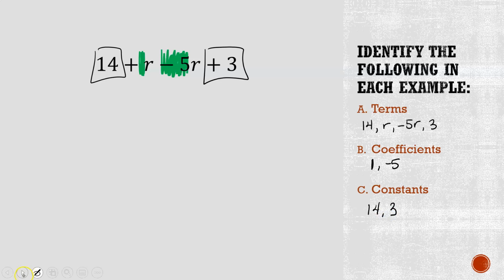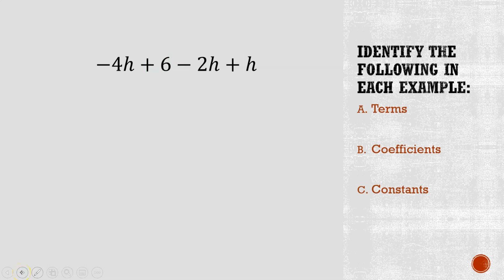Okay, try the next one, and then we'll get back and you can check it. List the terms, the coefficients, and the constants. Okay. The terms are negative 4h, 6, negative 2h, and h.